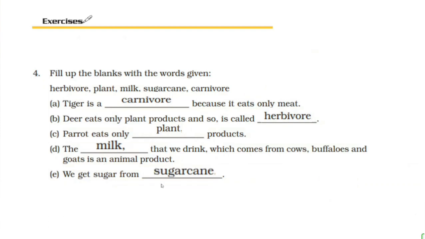So this was all about the food we eat. In this chapter we have seen the different kinds of food we are eating on a daily basis, what the ingredients are from which the food is being prepared, and what the different sources of those ingredients are.